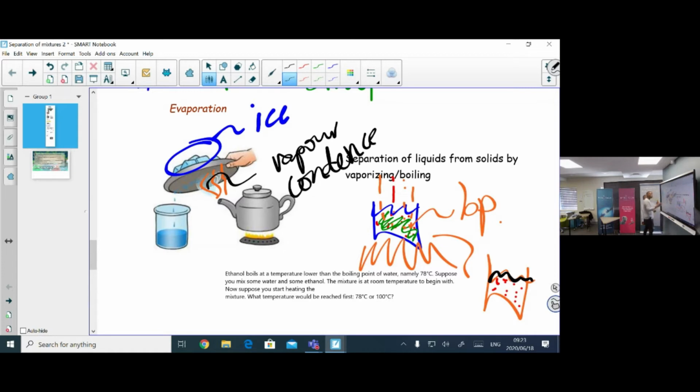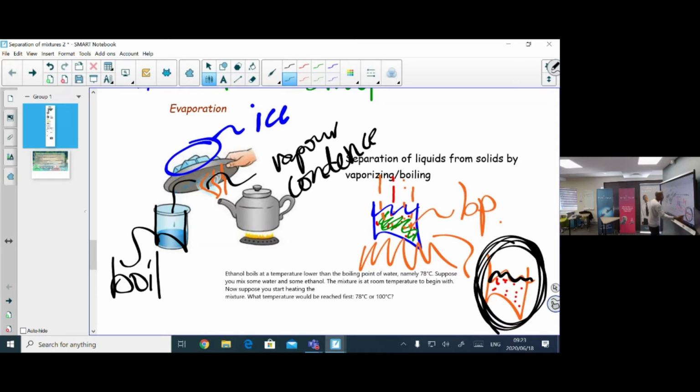The vapor will condense and collect in our beaker, right? So there's evaporation and there's cooling or condensation such that we can collect our liquid. So this is one liquid that was able to boil. After boiling, it was cooled or condensed such that it can be collected and hence removed from our mixture.